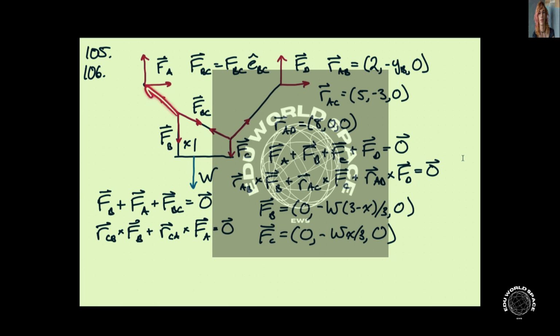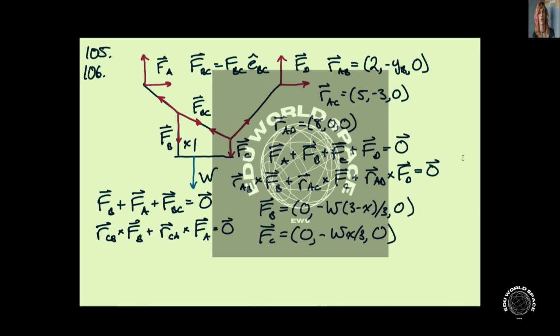We can figure out the tension in this cable knowing these 2 things, and the tension in this cable knowing these, and then the tension in this cable is just one of our unknowns. So we find FAX, FAY, FDX, FDY, FBC, and YB are our unknowns.